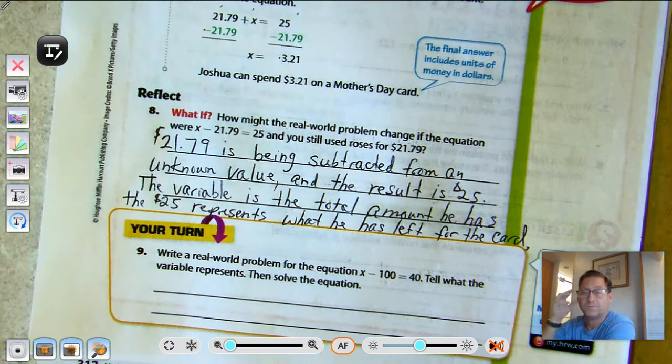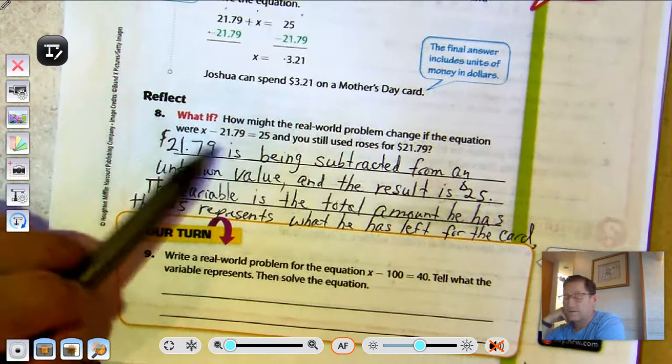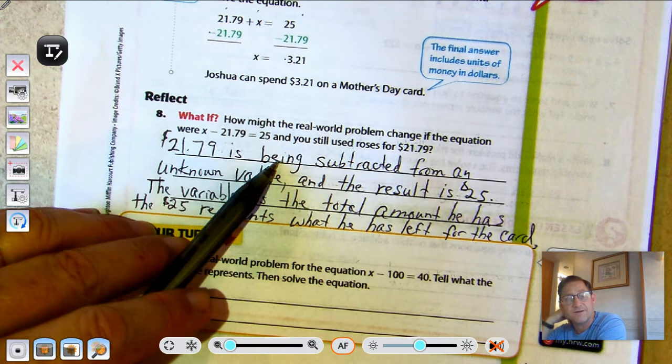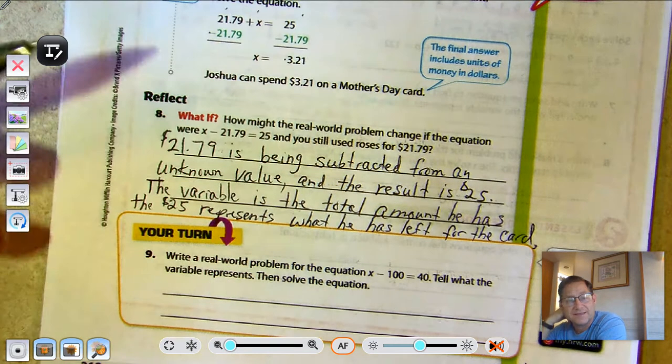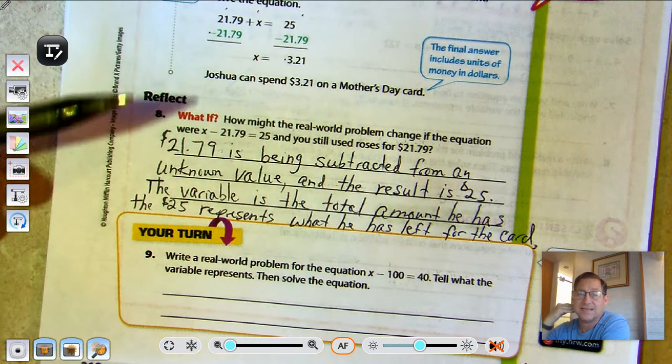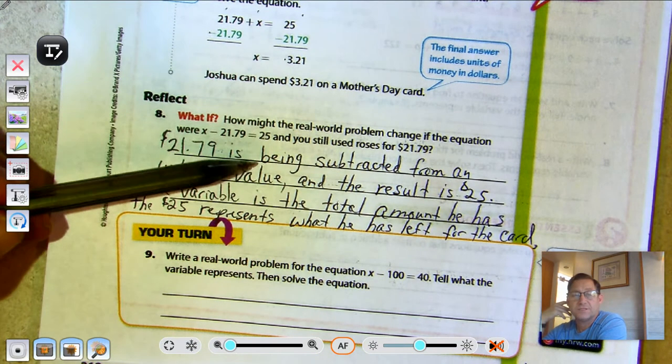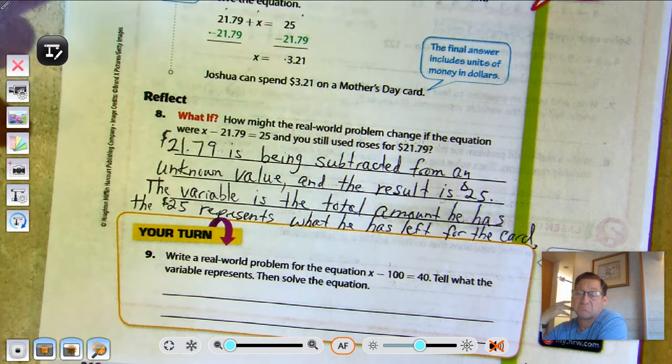So in this case, if we added $21.79 to the $25, we would say that he had $46.79 to start. He bought the roses, and now he has $25 left.